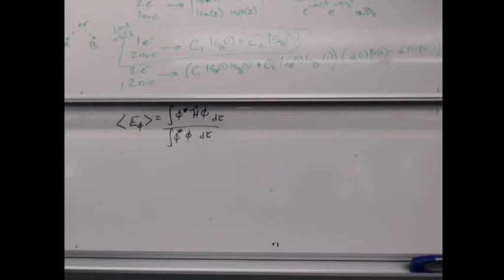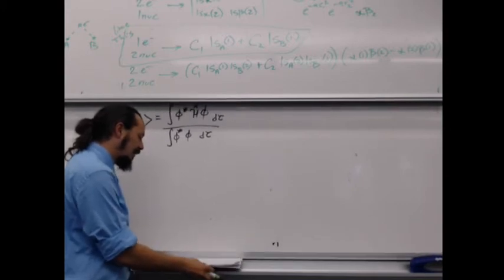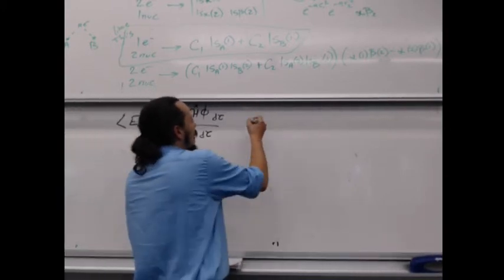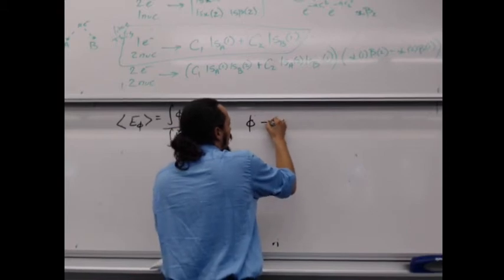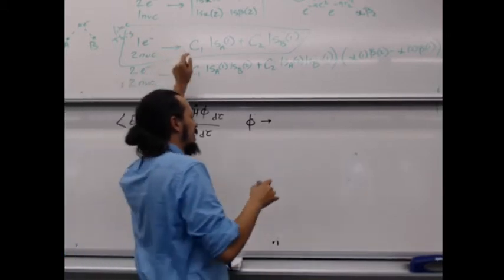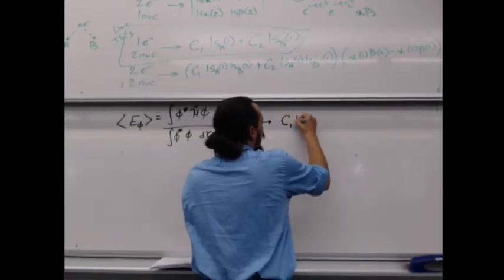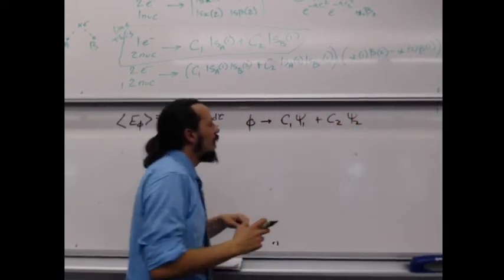And we can do this without even defining what our Hamiltonian is, generically for a generic Hamiltonian. And we can guess that our phi is going to be a linear combination of functions like this. So I'm just going to call it C1 psi 1 plus C2 psi 2.